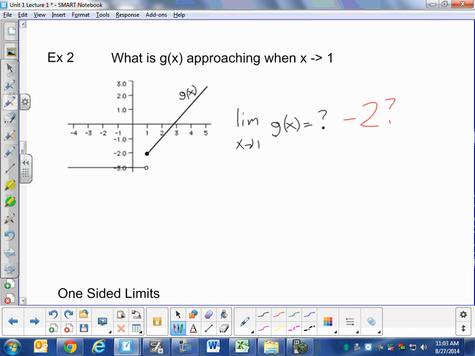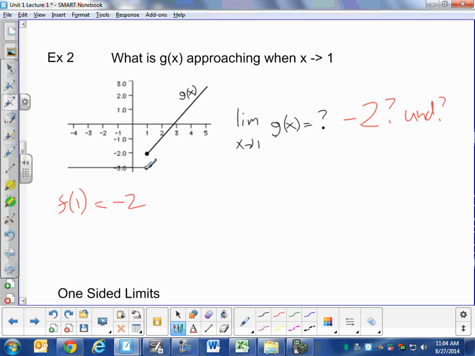Why do you say undefined? Okay, well, we know what the function value is. How about we start with that? What's f of 1? Is it undefined or is it a value? It's -2, exactly. So the value is -2 because you got the closed circle.